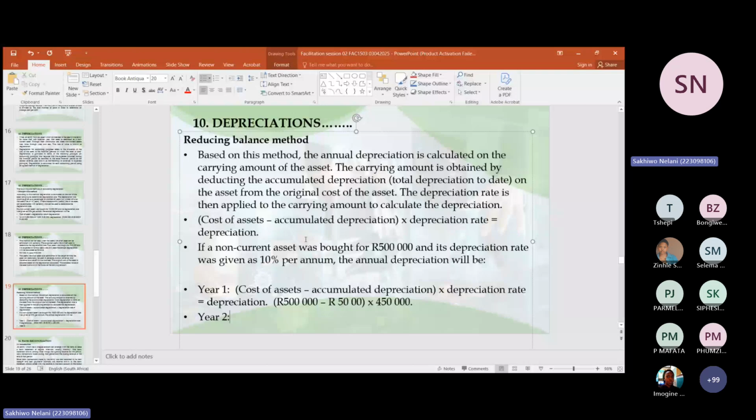We calculated accumulated depreciation at 50,000. But if you want to calculate for year 2, you must take the original price less your previous accumulated depreciation. And the value that will remain is 450,000. Meaning that your depreciation now will be based on 450,000 in terms of your diminishing method.